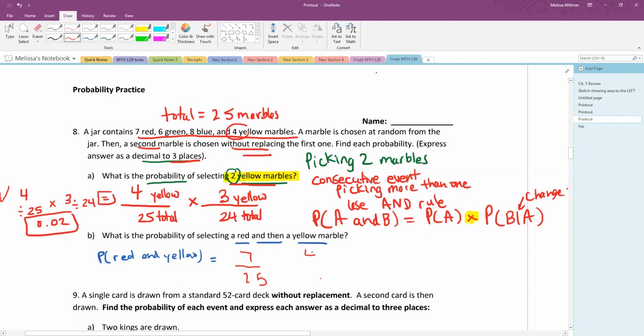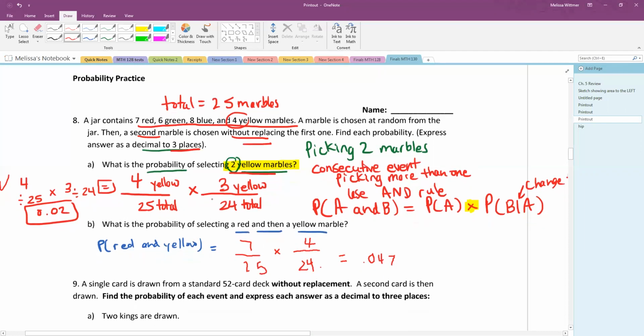So I've got 4 total yellow since it's a different color, but my total marbles has gone down to 24. I'm writing the best I can because the pen went out. And you do multiply because this is a consecutive event again. So 7 divided by 25 times 4 divided by 24, 0.047 would be the decimal if you round that to 3 places.